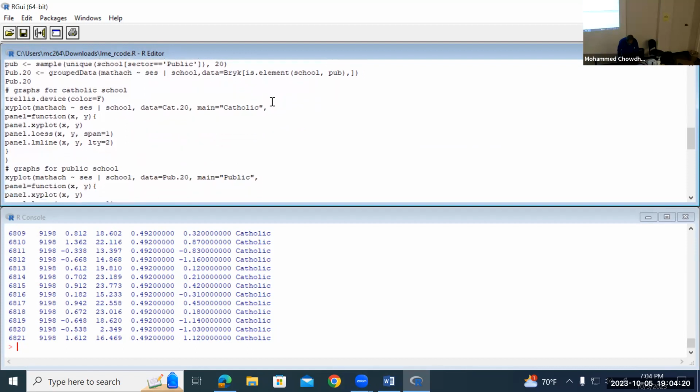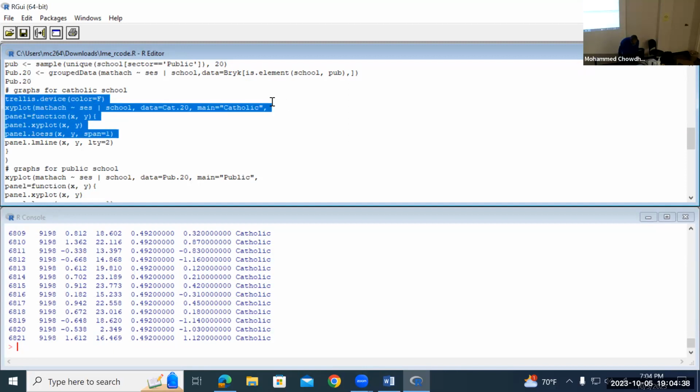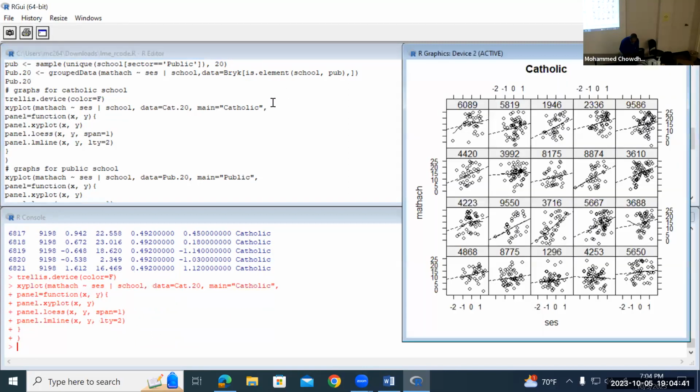Now we are trying to see what we have done: 20 private schools and 20 Catholic schools. We have taken a sample and want to look at the behavior of the slopes and intercepts. That can be done with this graph.